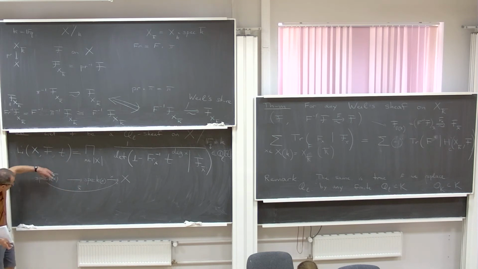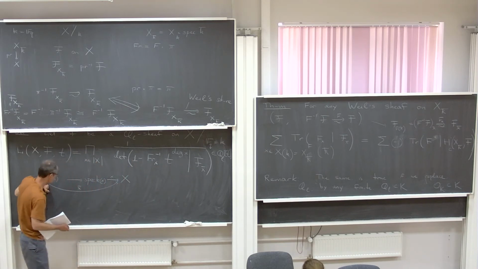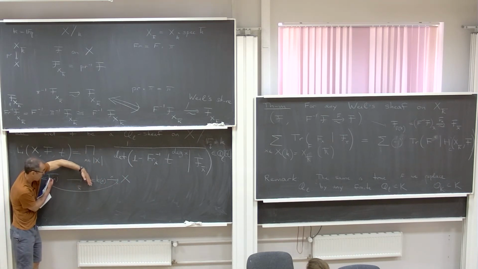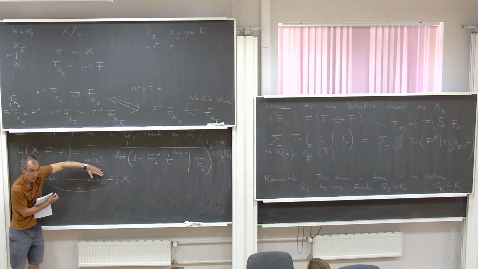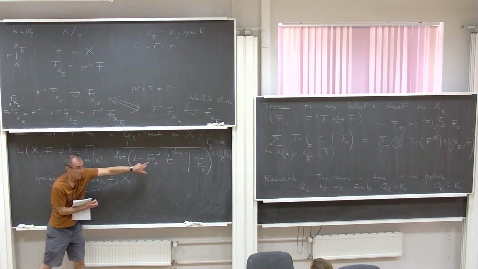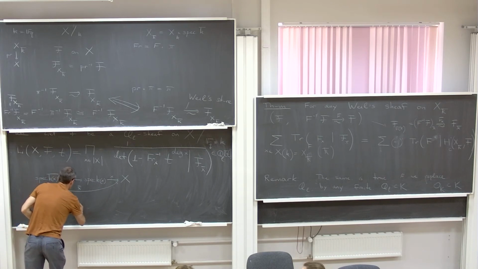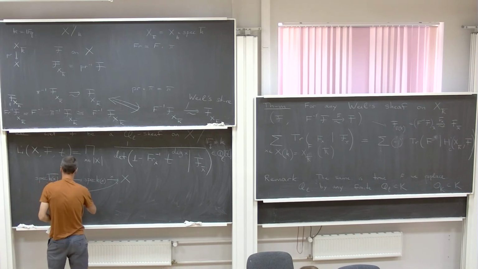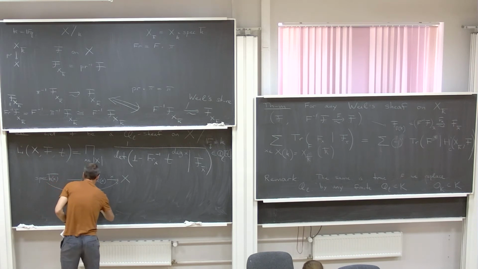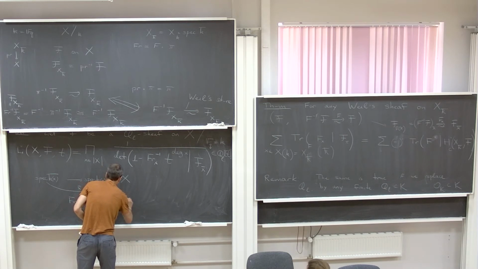So if I take a sheaf F and pull it back here, it acquires an action of the Galois group of this field over this one. This Galois group is Z hat and it has a canonical generator called the Frobenius. This is the Frobenius that stands here. So Frobenius is an element in the Galois group of k of x bar over k of x.